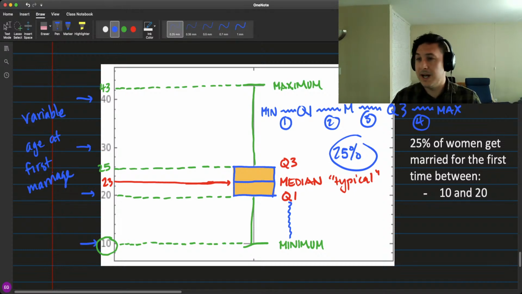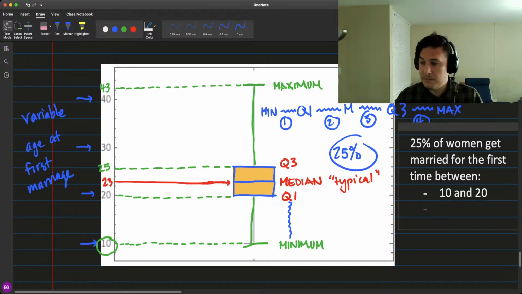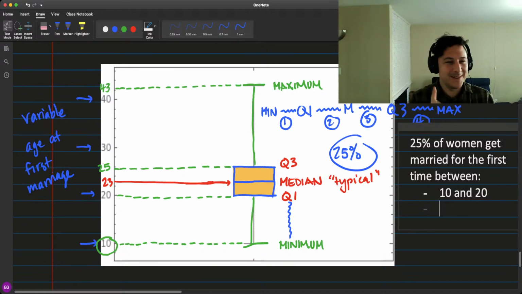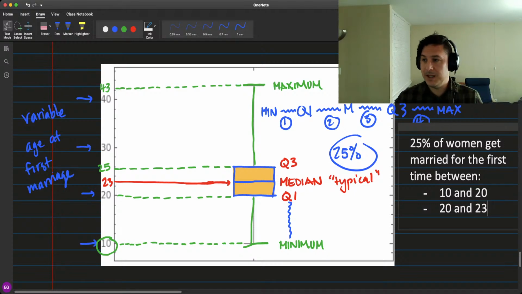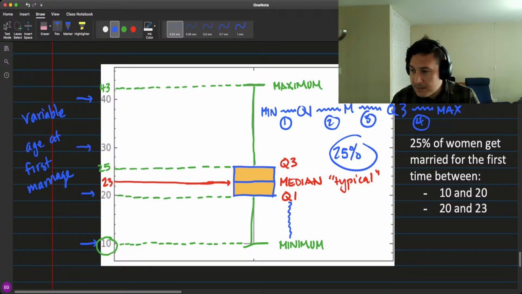What's the next quartile that we're going to deal with? So this one went between the minimum and Q1. What does the next one go between? Not minimum, but Q1 and the median. So in other words, 25% of women will get married between the ages of 20 and 23. That's between Q1 and the median right here. This part.